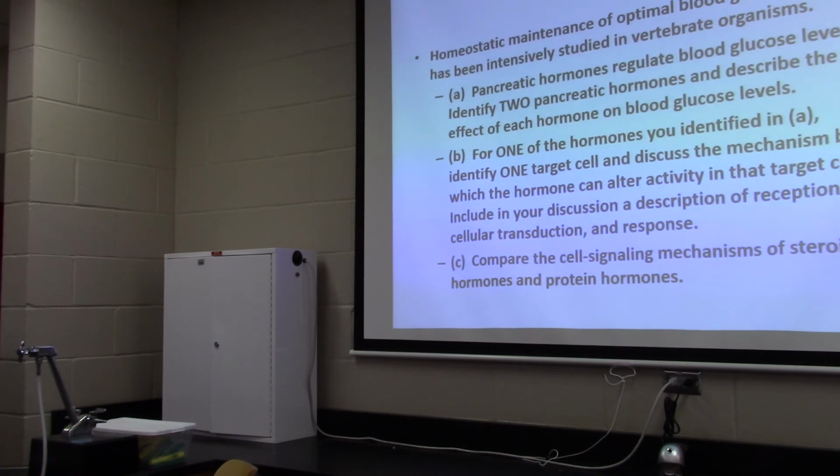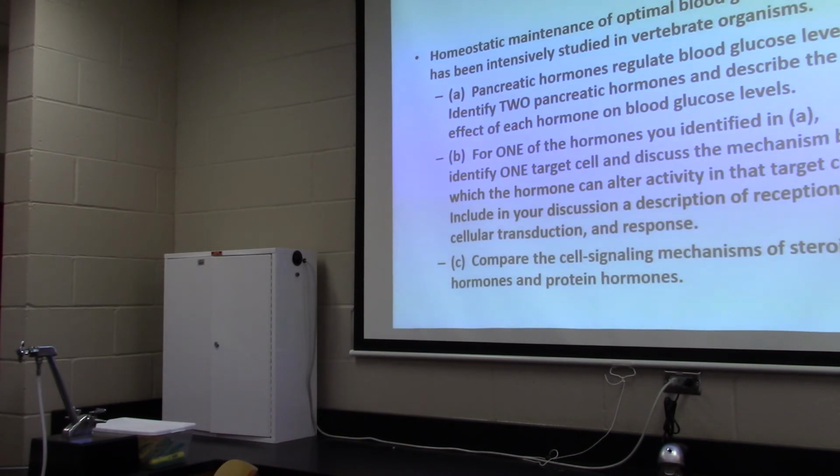Let's say we use a liver cell as an example of a target. So it binds to a receptor, one of those RTKs on the surface of a liver cell. That's reception. The receptor changes shape. It moves the message inside. It triggers the signal transduction pathway. That's transduction, which amplifies the signal.